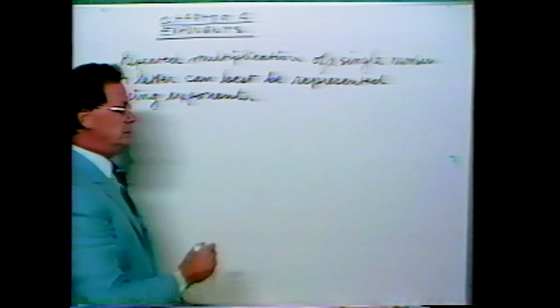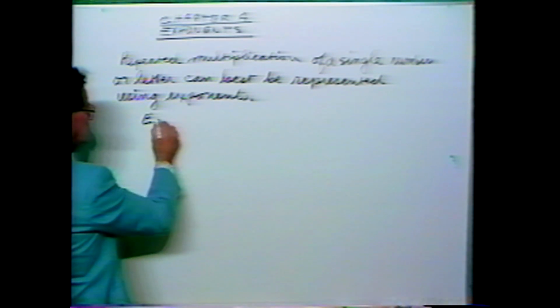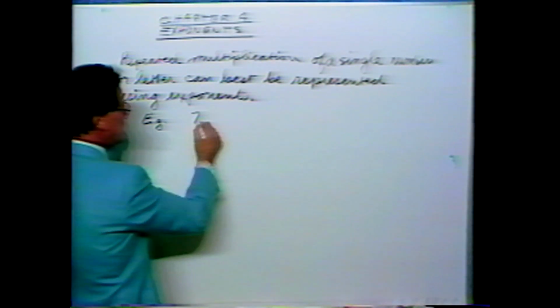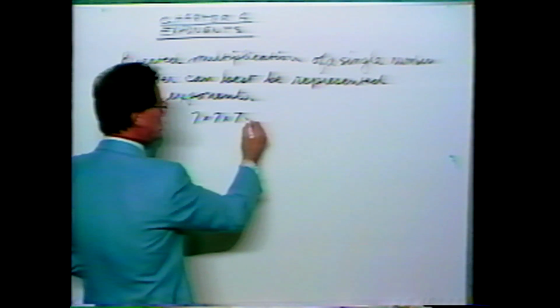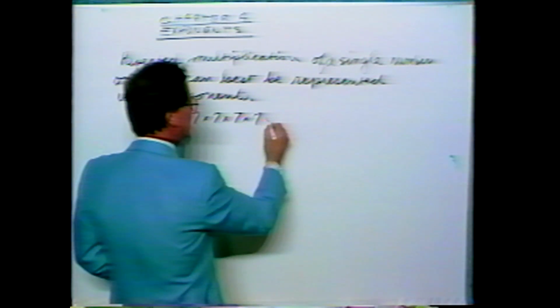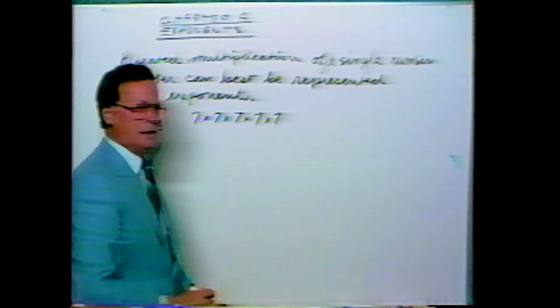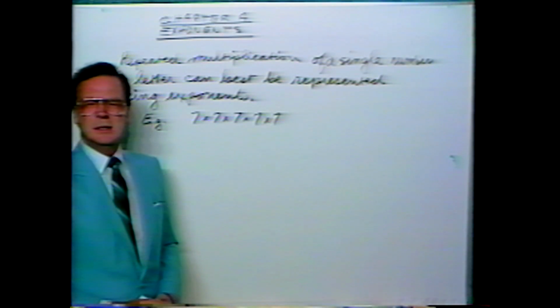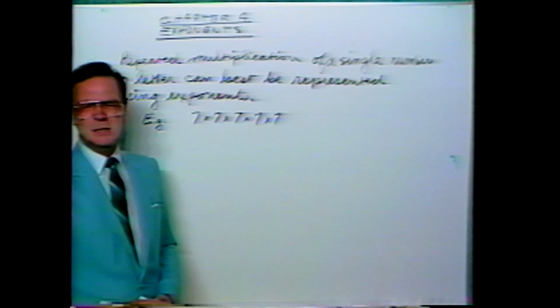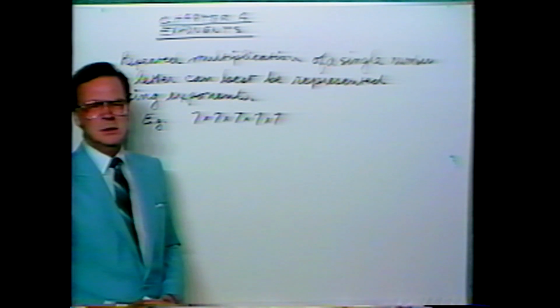For example, 7 times 7 times 7 times 7 times 7 again is a mathematical expression which shows that 7 is multiplied by itself 5 times in succession.